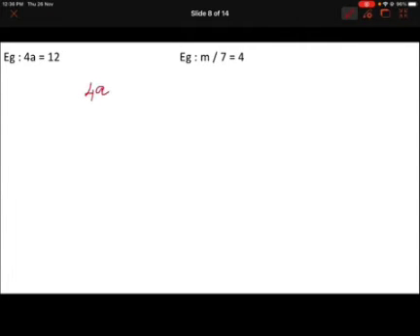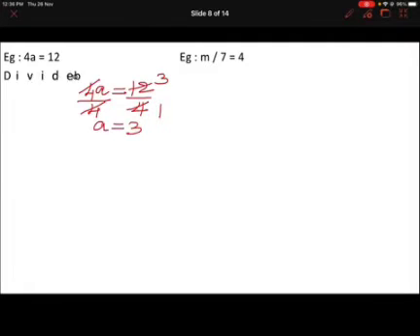That is 4a divided by 4 equals 12 divided by 4. So, again this is a balance. So, both sides I have done the same operation. So, 4 and 4 get cancelled. 4 ones, 4 threes. A equals 3. Is it clear to you?